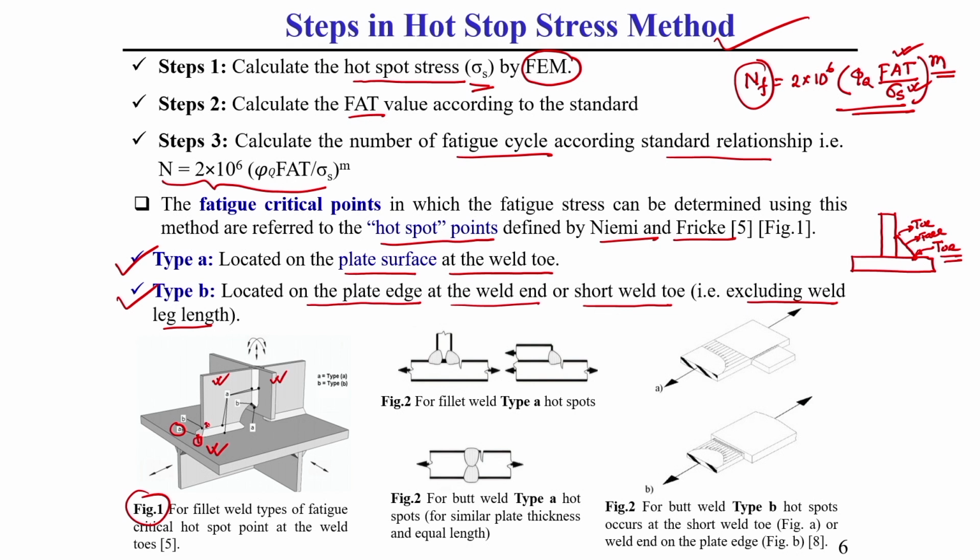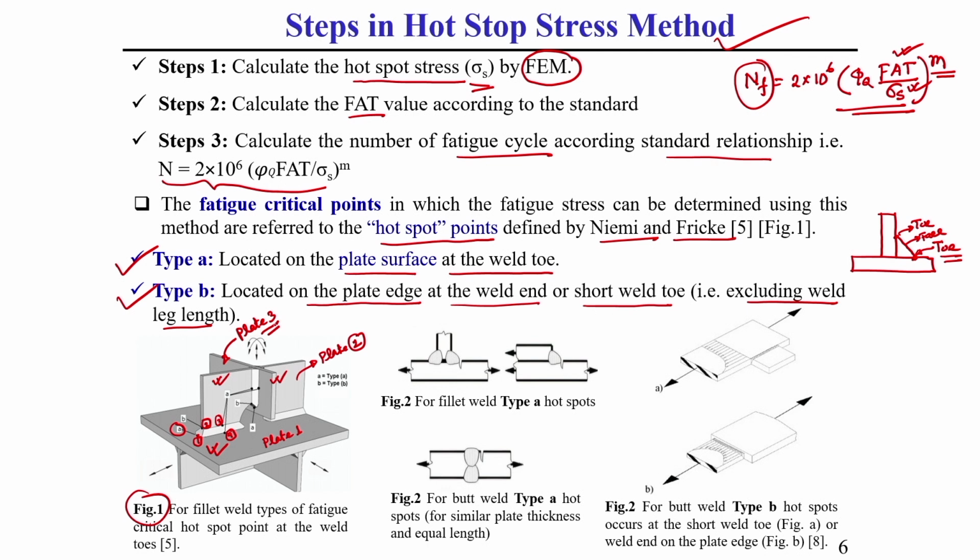If the toe is on the plate, here you can see this toe, let this be point 1, this is point 2, this is point 3, this is point 4, understand what I am telling. So, this point 1 is located on the weld toe, and this point is also located on this big plate, let this be plate 1, and this is plate 2, and let this be plate 3.